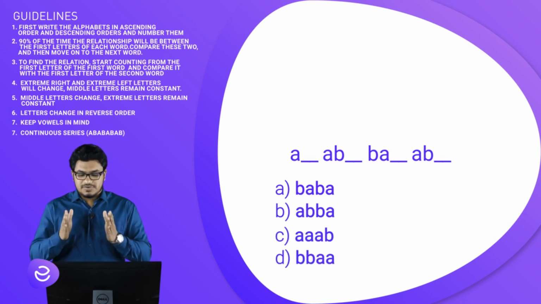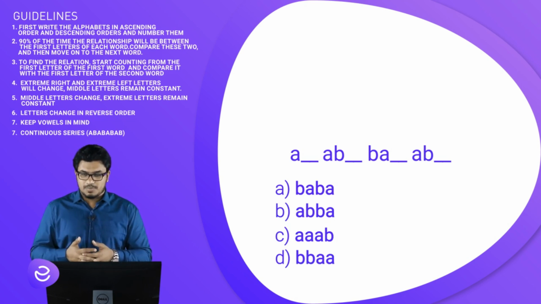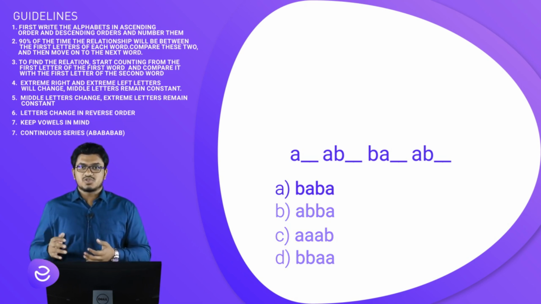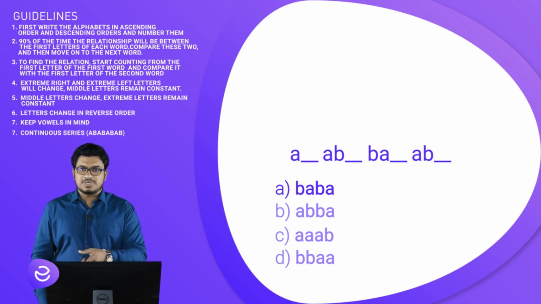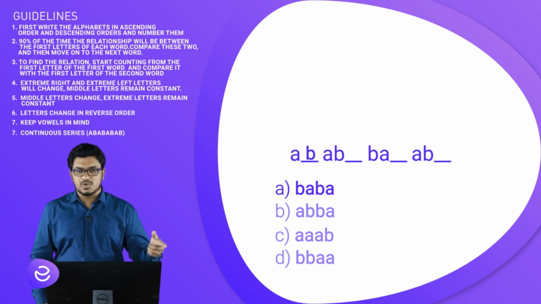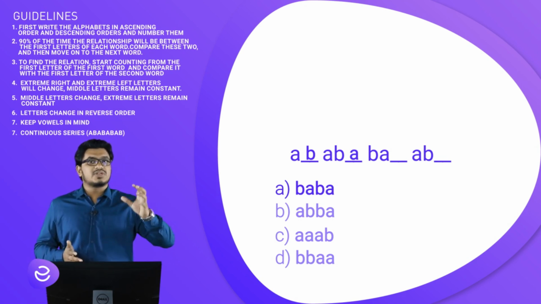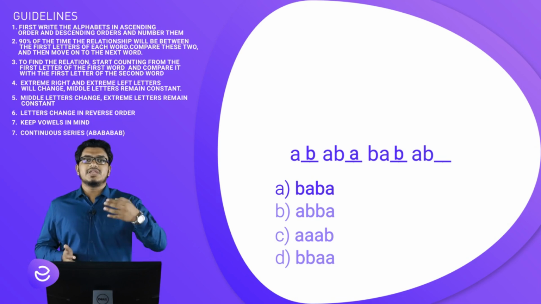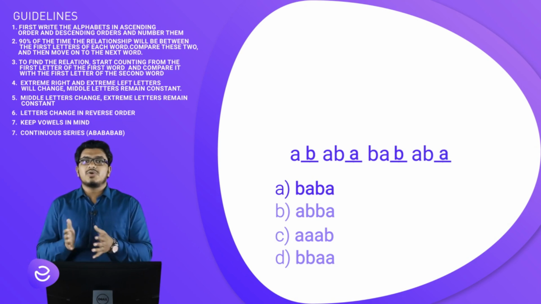If you are taking the first option BABA, the first B in the option relates to the first dash in the question, the second letter A relates to the second dash, the third letter B relates to the third dash, and the fourth letter relates to the fourth dash. So, that is how you answer.